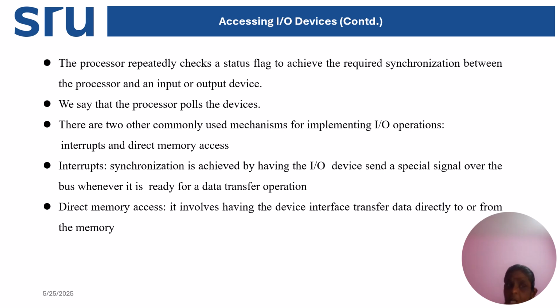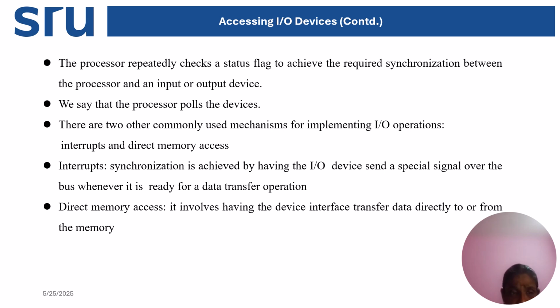That is why the processor is continuously checking the flag bits of the register. We say that the processor polls the devices. So checking means polling each and every IO device. Polling means interrogating each and every IO device, asking whether it requires service from the processor.